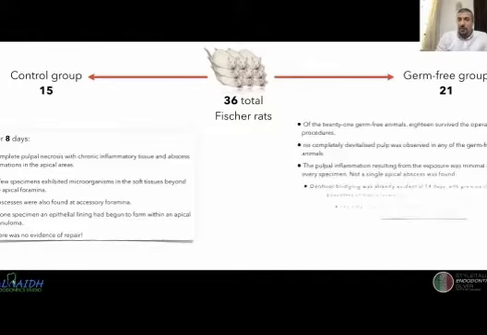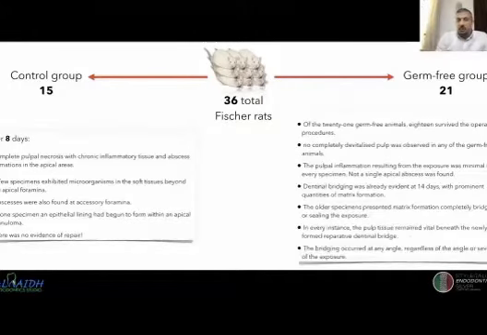While the germ-free group were given the same food and the same water. Of the 21, 18 survived the procedure, and in these teeth there was no completely devitalized pulp tissue, while there was only minimal local inflammation adjacent to the site of exposure.